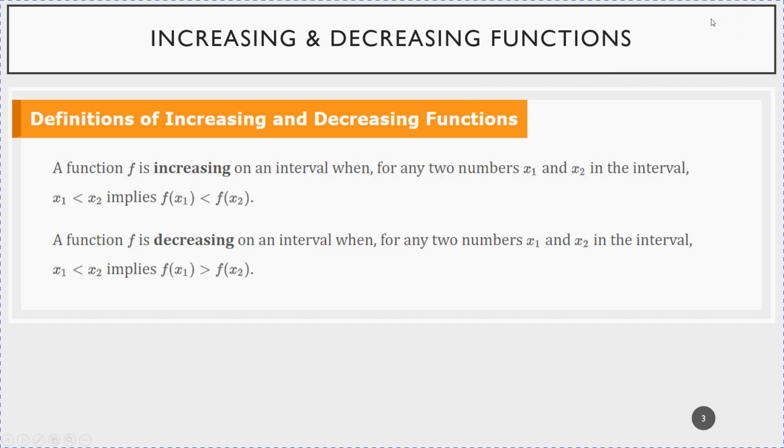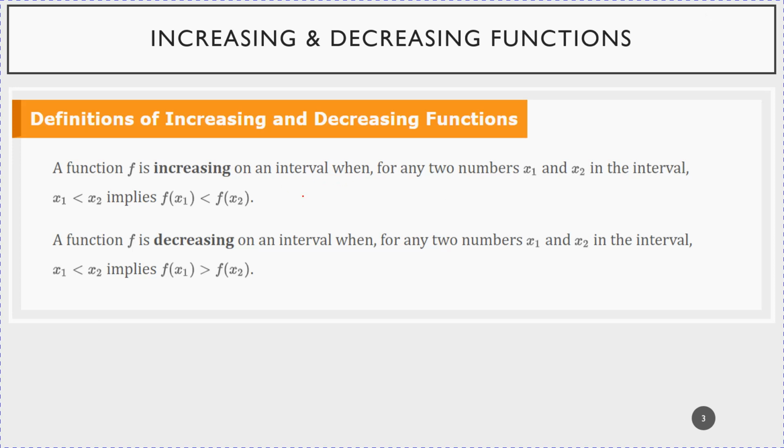So what is the definition of increasing and decreasing functions? A function f is increasing on an interval when, for any 2 numbers x1 and x2 in the interval, x1 less than x2 implies that f of x1 is less than f of x2.